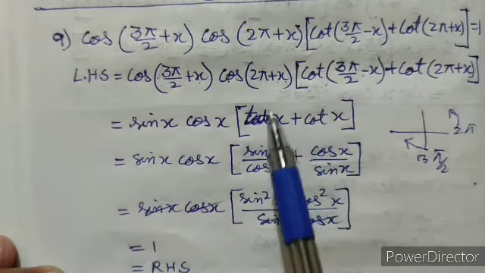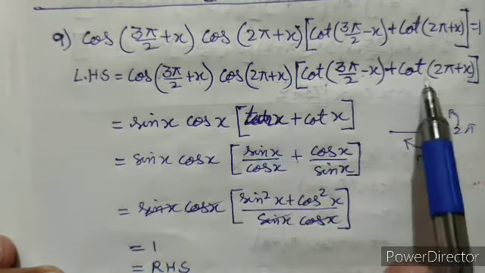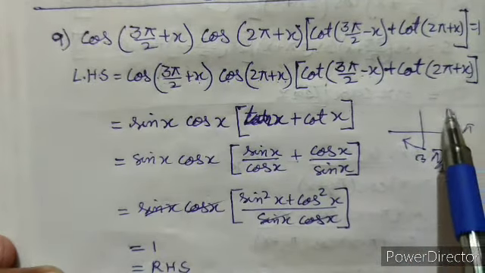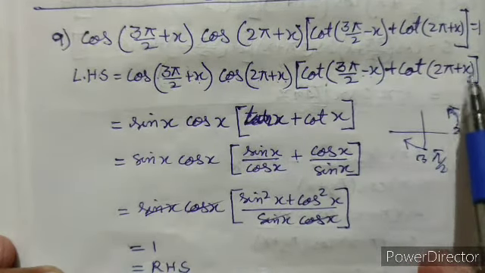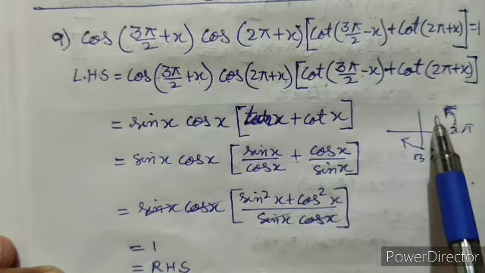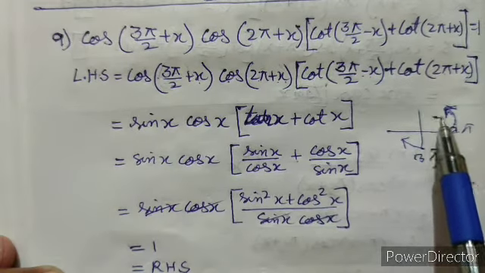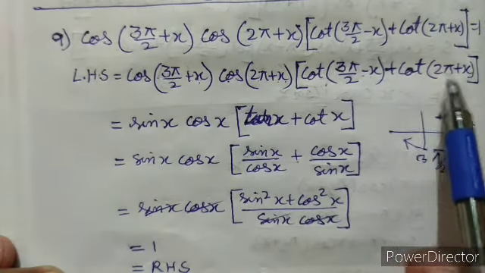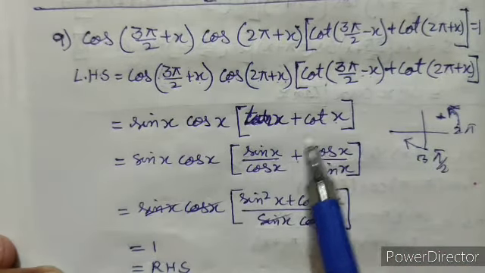So it will be equal to tan x. Cot(2π + x) will lie in the first quadrant, where all the trigonometric functions are positive. So cot(2π + x) will be equal to cot x.